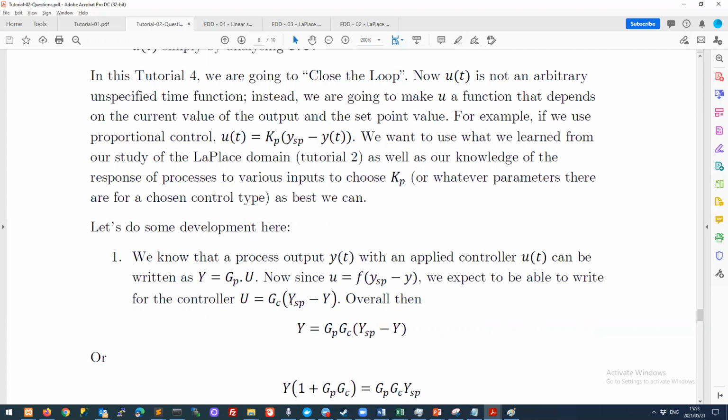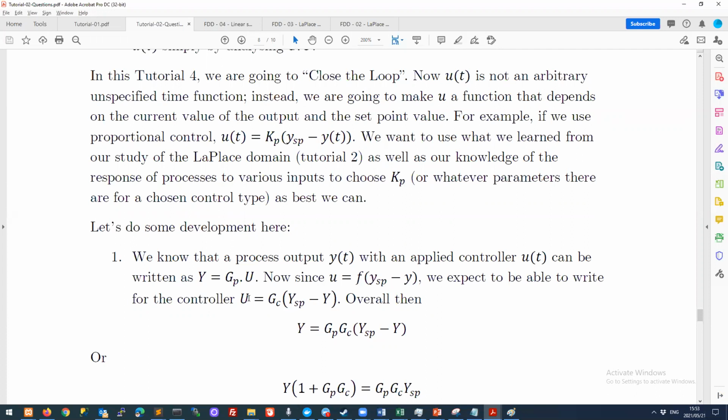This is GC times this difference. So we work out the Laplace transformation of this f, that becomes GC, and then the YSP form here, and then the Y form there. So that's our U function, right?